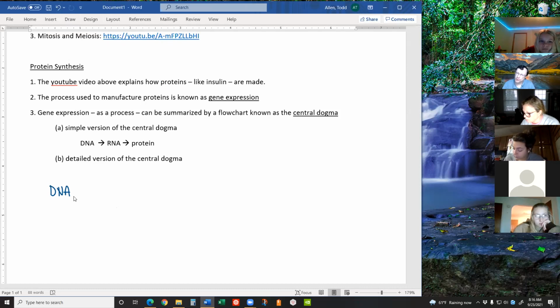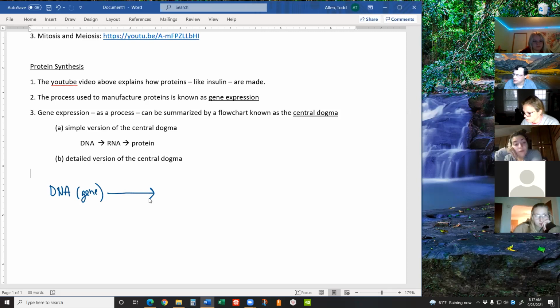But when you're producing a protein, the specific unit of instruction in the DNA, which contains the instructions to make the protein, is going to be known as the gene, right? So you basically have a gene here. The gene is made of a sequence of DNA nucleotides.